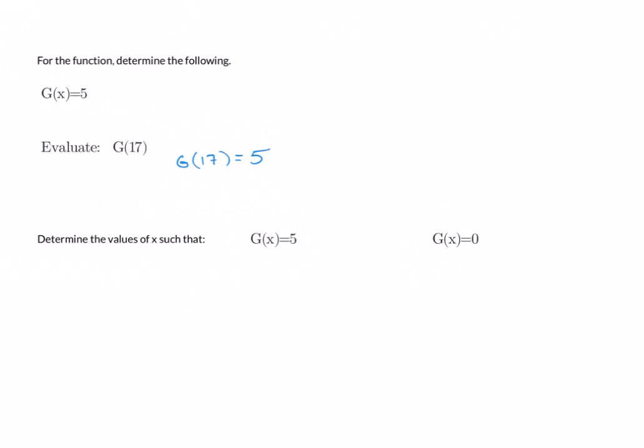Okay, for the other ones, determine the values of x such that g of x is equal to 5. So for the first one, g of x equals 5, what are the values of x that I can plug in? Well, no matter what, it's going to equal 5. We can't replace any x's with anything. And so notice the whole thing's equal to 5 no matter what you plug in for x.